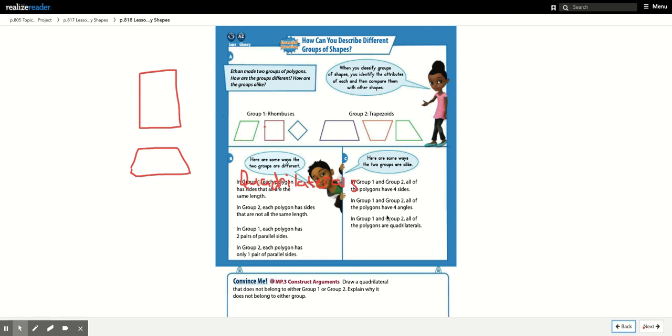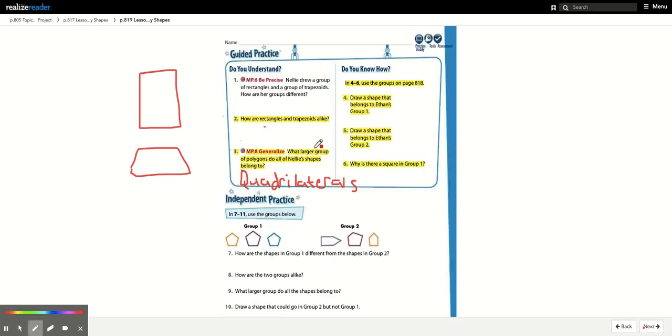It says, draw a shape that belongs to Ethan's group. If you're thinking any of these polygons, you're right. So how about we take a moment and make that polygon?